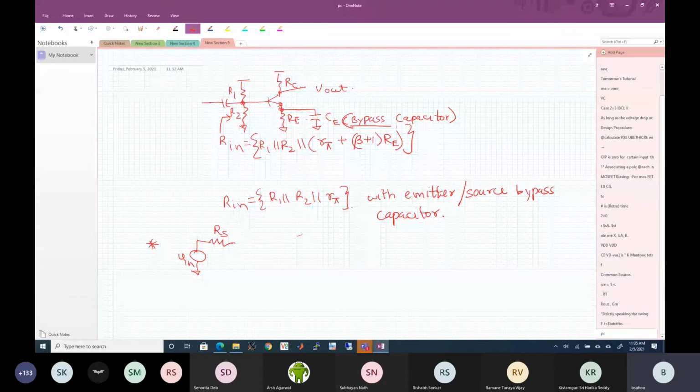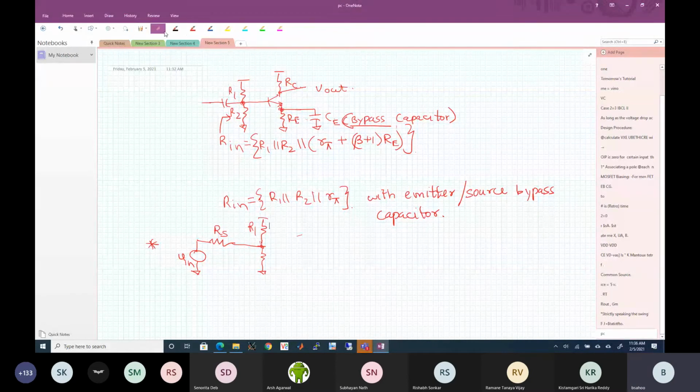So when I am doing this, and I'm connecting, of course, I have to use a capacitor now, because otherwise I'm going to mess up the bias point of the transistor. So we will put a capacitor here, CC input.